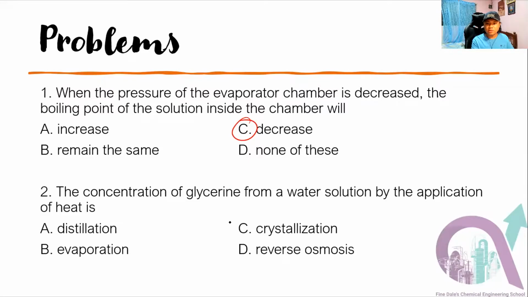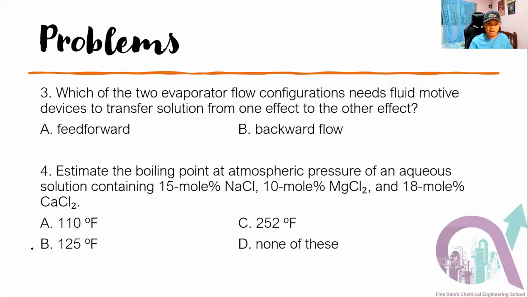Concentration of glycerin for water solution by the application of heat, of course, what are we talking about? It is evaporation. Number 3: two evaporator flow configurations need fluid motive devices to transfer solution from one effect to the other effect. Fluid motive means you have to use a pump to move the liquid.